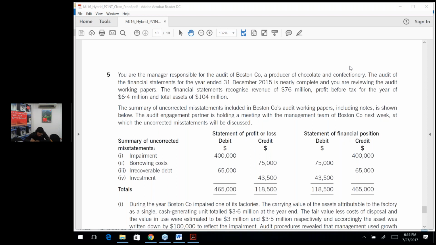Arvind, for the calculation of materiality for the group components, I am gonna give you an example. Don't worry, just wait for a while. Let's just talk about this question.